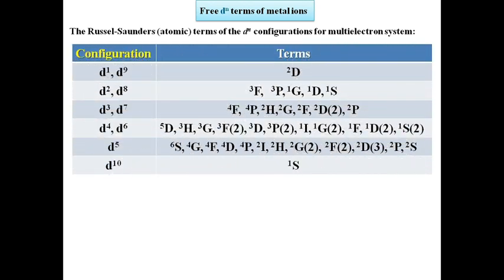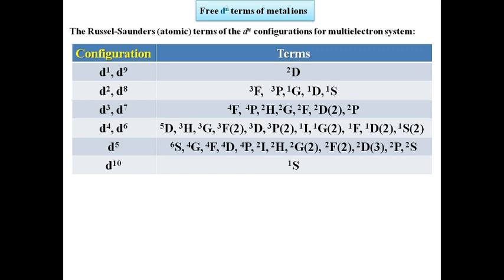In this slide, I have shown the possible terms of different dn systems in tabular form, considering Russell-Saunders coupling as well as ground state and microstates, different selection rules, Pauli exclusion principle and Hund's rule.